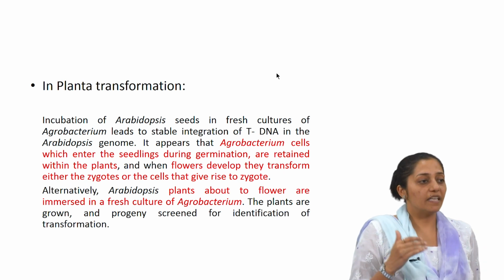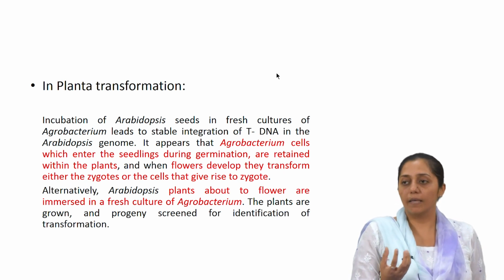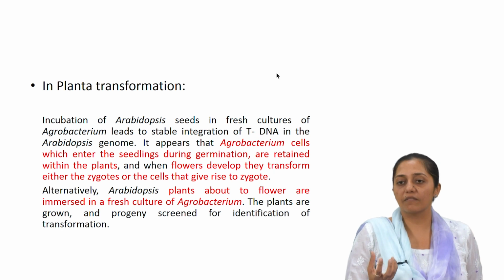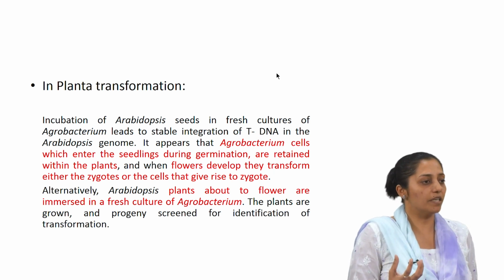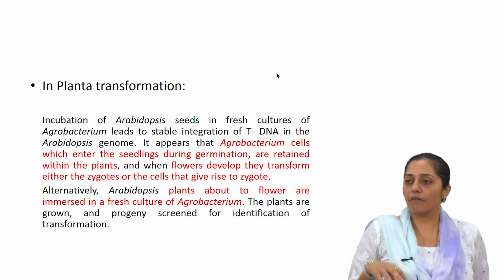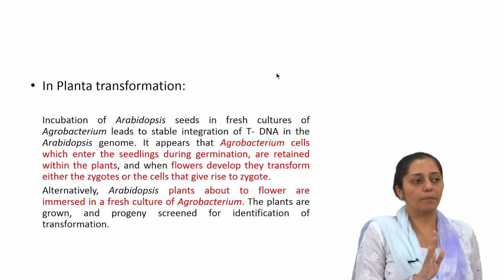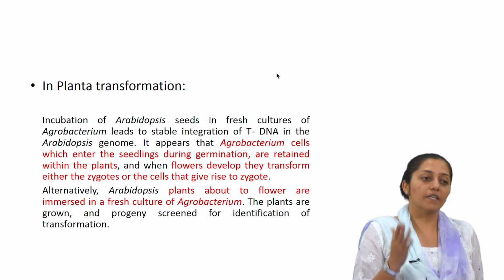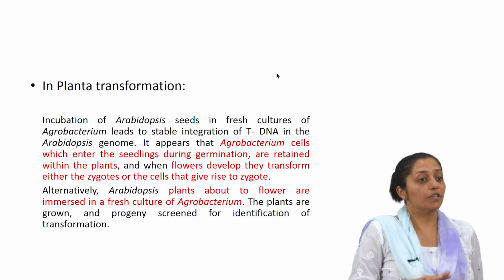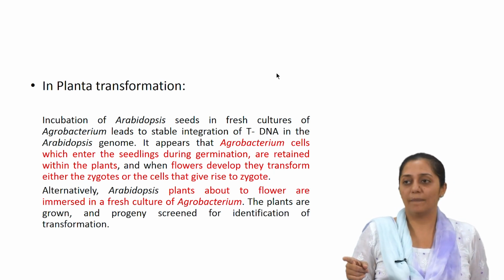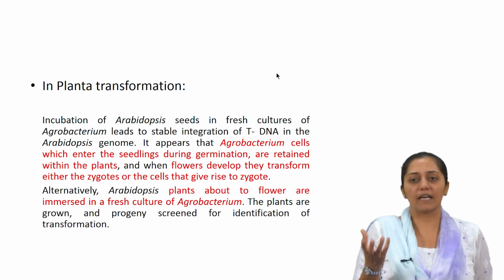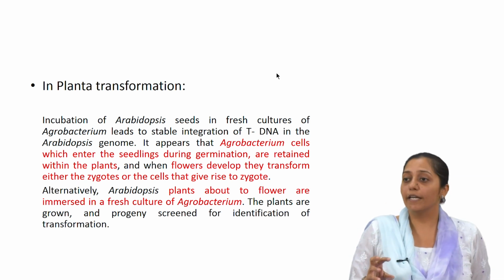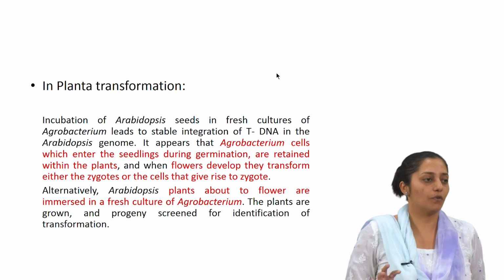Or when the flowers are brought in contact with the Agrobacterium just before pollination, during pollination or after pollination, the Agrobacterium present inside may infect the zygote or may infect first hand the germ cells which are going to get involved in the zygote formation, thereby leading to progenies which are transformed.